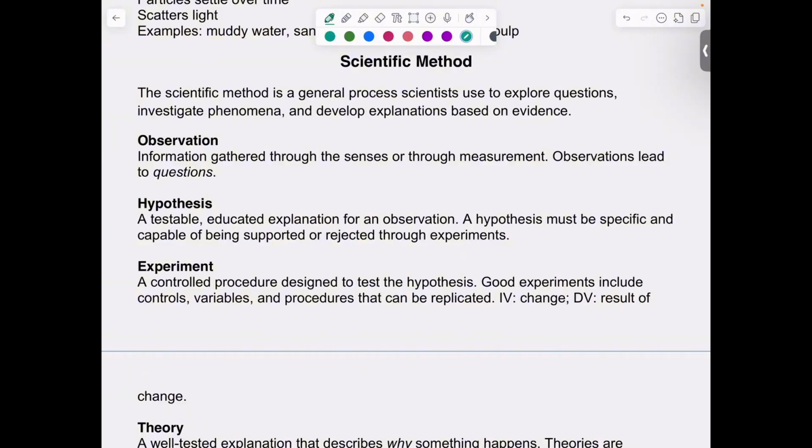We'll see an example of that later in our questions for the exam review at the end. Independent variables are just variables in the experiment that you change to see if they make a difference in the overall outcome. Dependent variables are the result of that change.